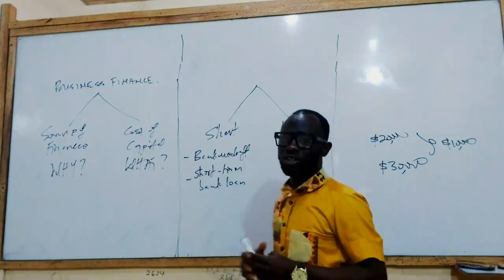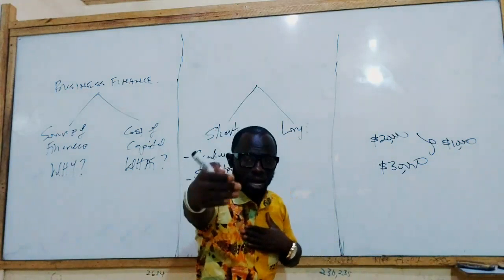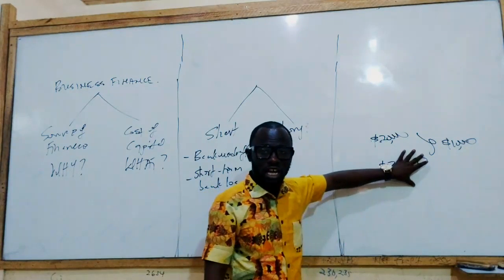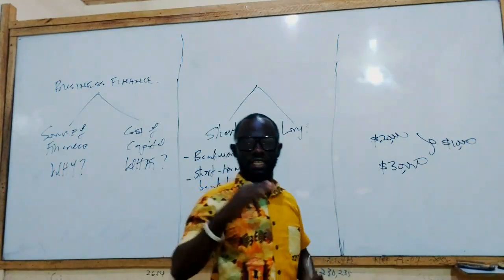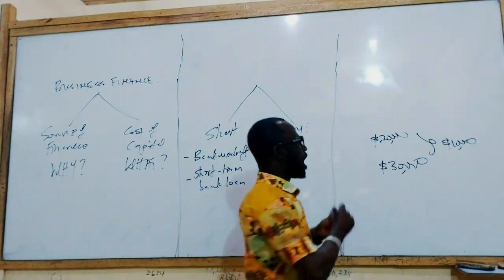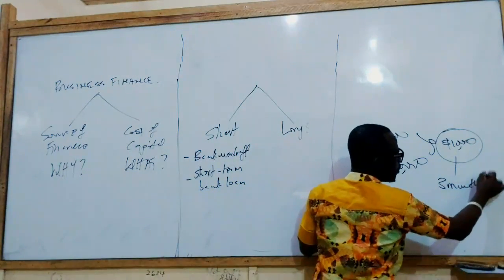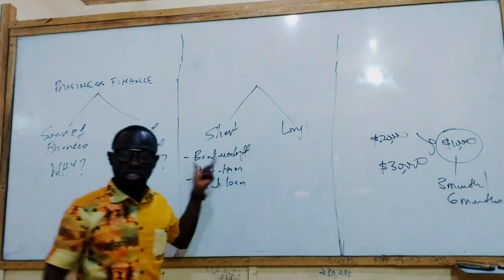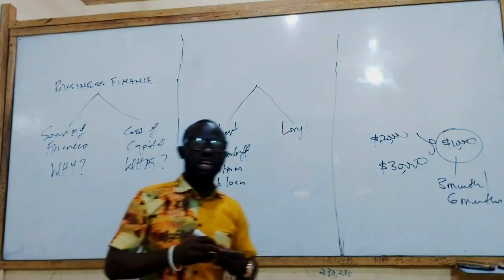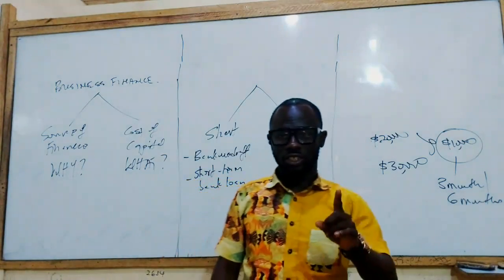With a short-term bank loan, instead of saying, okay bank, allow us to withdraw 30,000 even though we have 20,000 in our account, we tell the bank, listen, lend to us the $10,000 for 3 months or maybe 6 months. And that is going to be what? The short-term bank loan.